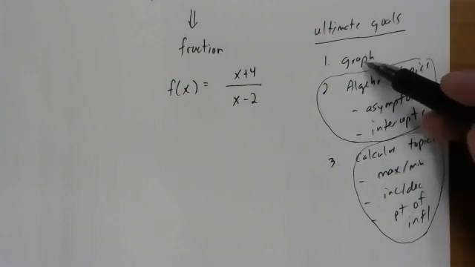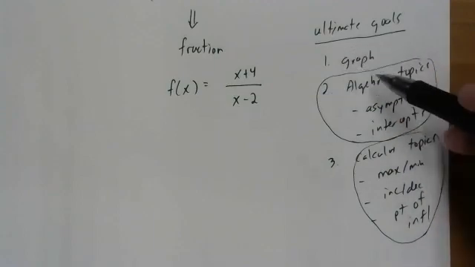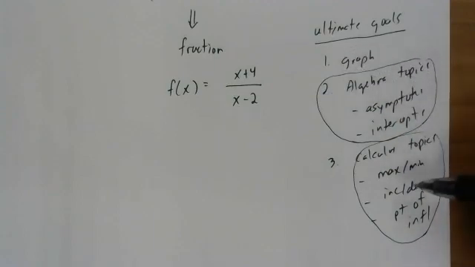And then toward the end, a lot of times is when you actually try and create the graph. But they will ask you for specific information about asymptotes, intercepts, maxes or mins, regions where it increases or decreases, points of inflection, all that kind of stuff. So that's the big picture.